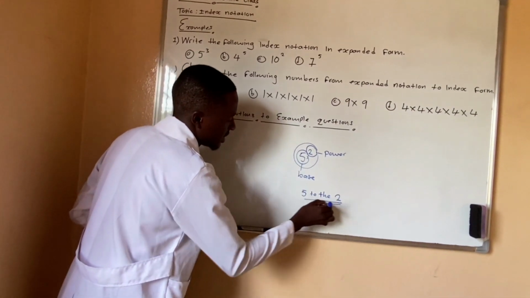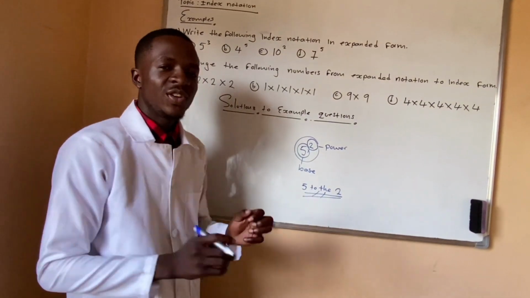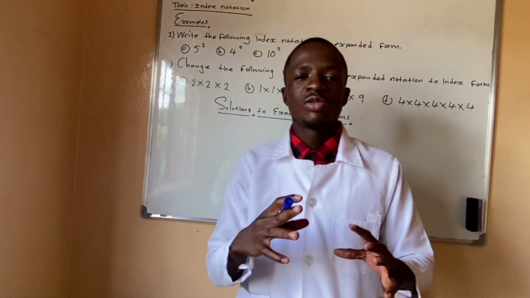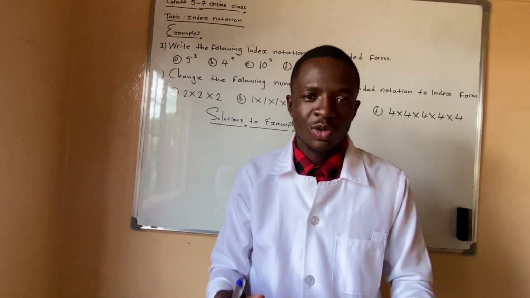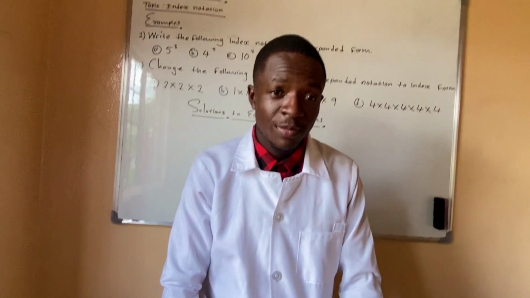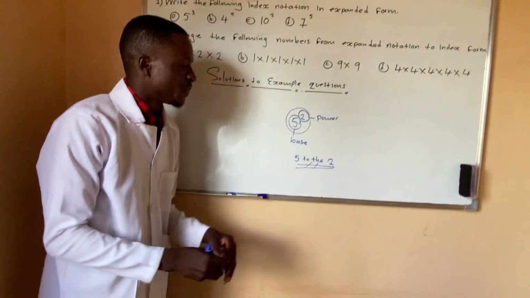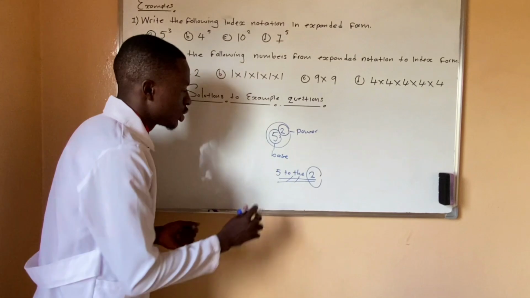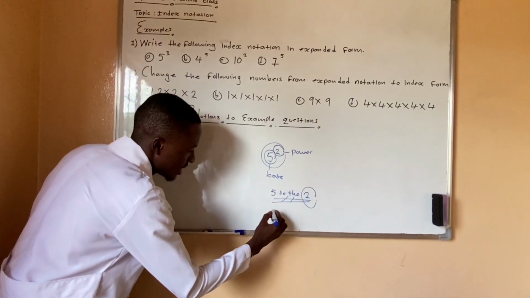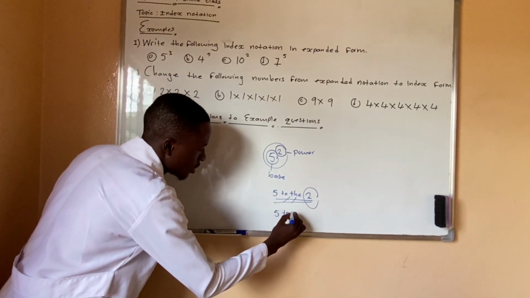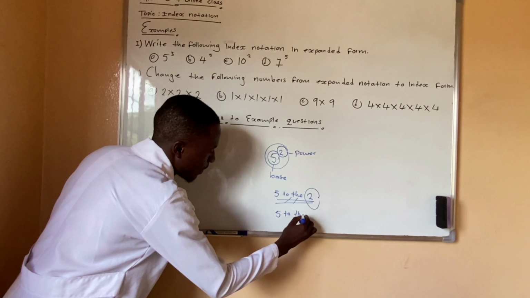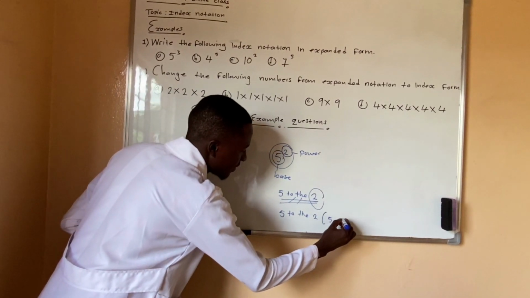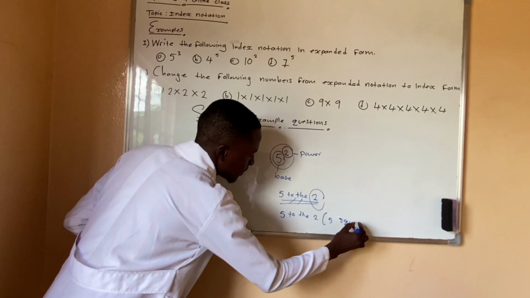Then you have answered. I think even in class you have come across a situation whereby your teacher has used the word squared. You shouldn't be confused, because power 2 can also be said as squared. So others can answer this question as 5 to the power 2, or they simply say 5 squared.